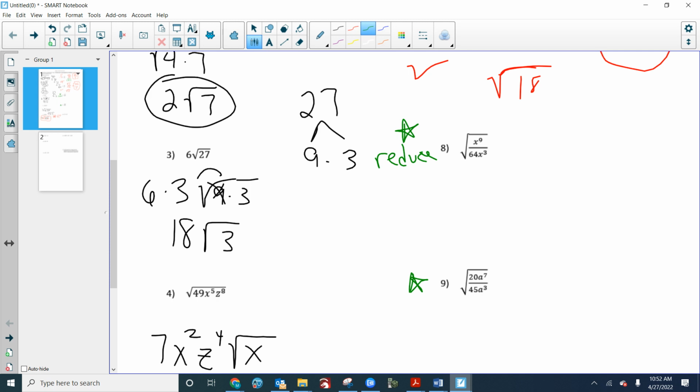Where are there more x's at? On top. How many more? We subtracted the exponents. So what's 9 minus 3? Okay, so, guys, I have this. That's going to be on top, and this is going to be on bottom. We just subtracted our exponents there.